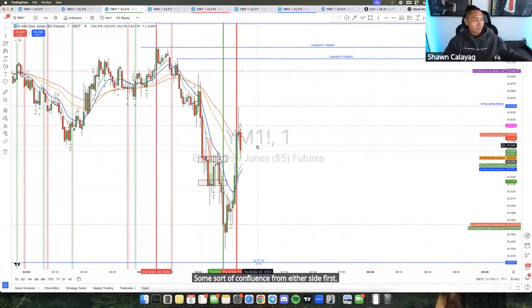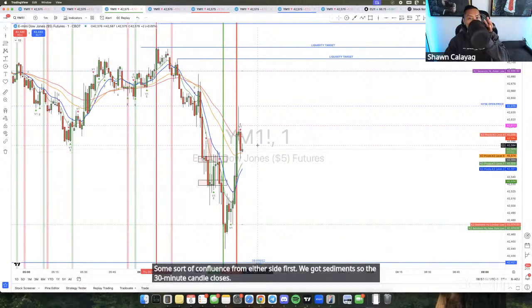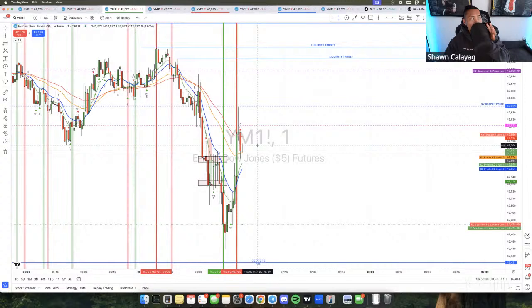We got 7 minutes till the 30-minute candle closes. We got some time.